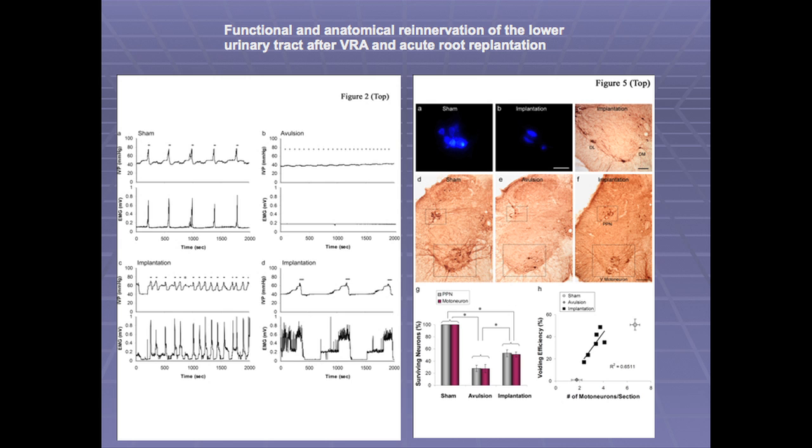We also have an anatomical reconnection between the periphery and the spinal cord. We have injected tracers into the sphincter muscle that is picked up and transported back into the spinal cord. So we have also the anatomical connection there to back up a bit more the functional recovery.